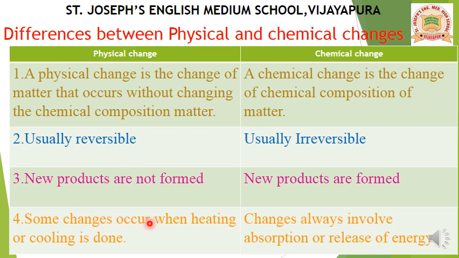Some changes occur when heating or cooling is done. For example, water can be converted into water vapor by heating, whereas chemical changes always involve absorption or release of energy. Here energy is absorbed or energy is released during chemical change.